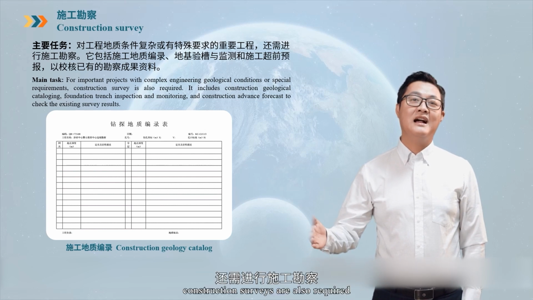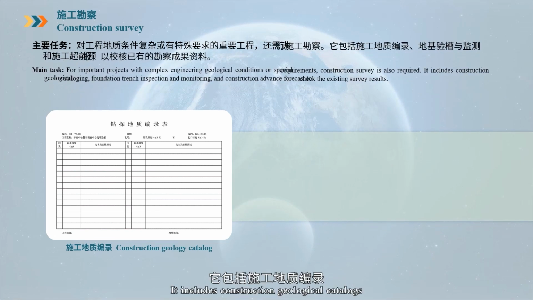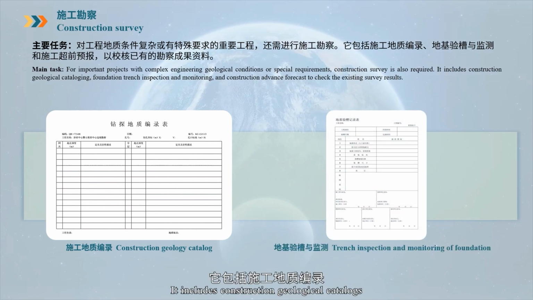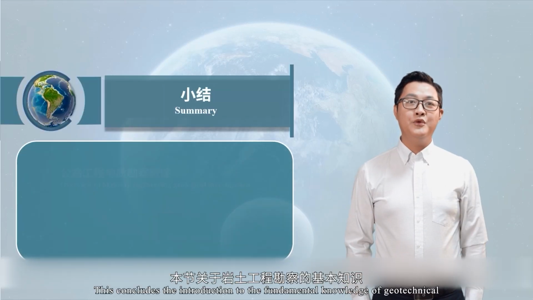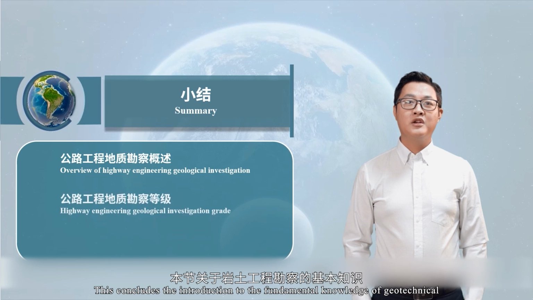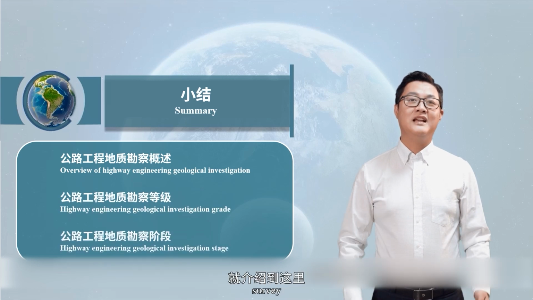Construction surveys are also required. It includes construction geological catalogs, trench inspection and monitoring of foundation, and the construction advance forecast, so as to check the existing survey results. This concludes the introduction to the fundamental knowledge of geotechnical survey.